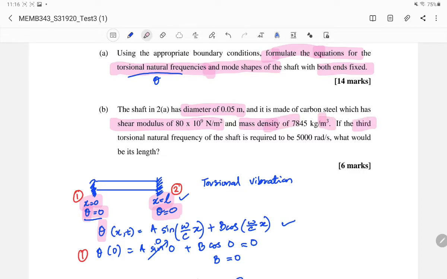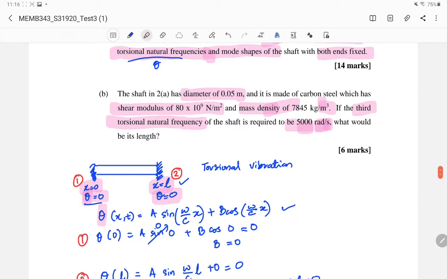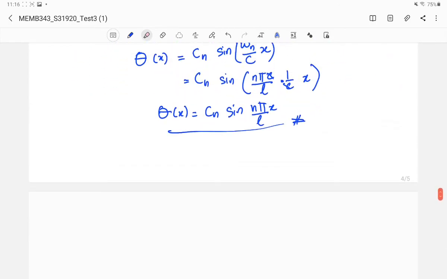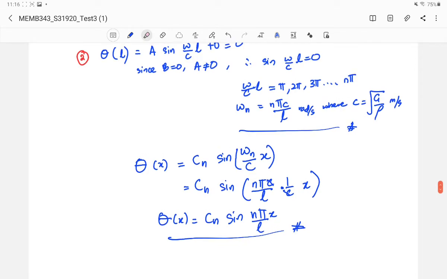What you need to do is use the equation for the third natural frequency, and they want you to calculate the length. So it's easy. You already have this equation, so you just substitute the third natural frequency, and then you compute the L.